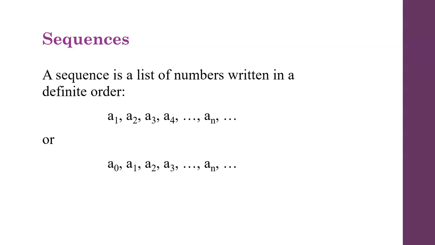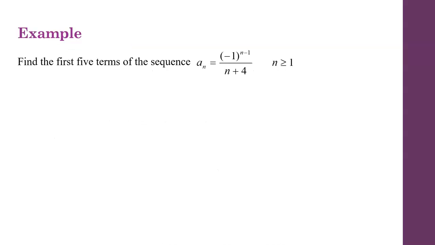So let's look at an example. Here we want to write the first 5 terms of the sequence A sub n equals (-1)^(n-1) over the quantity n plus 4, for n greater than or equal to 1. So our first term is going to be A sub 1.